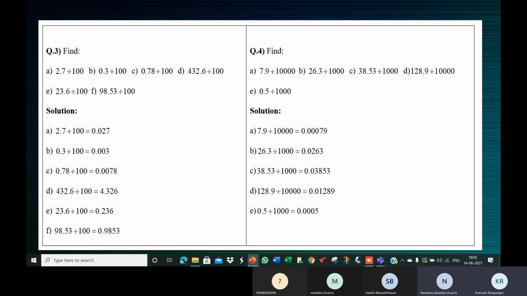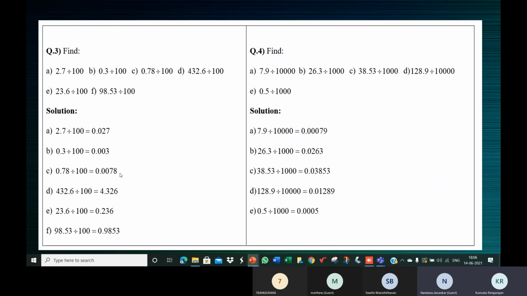This decimal point, which is here, will move like this, 1, 2, it will come here. So it becomes 78.